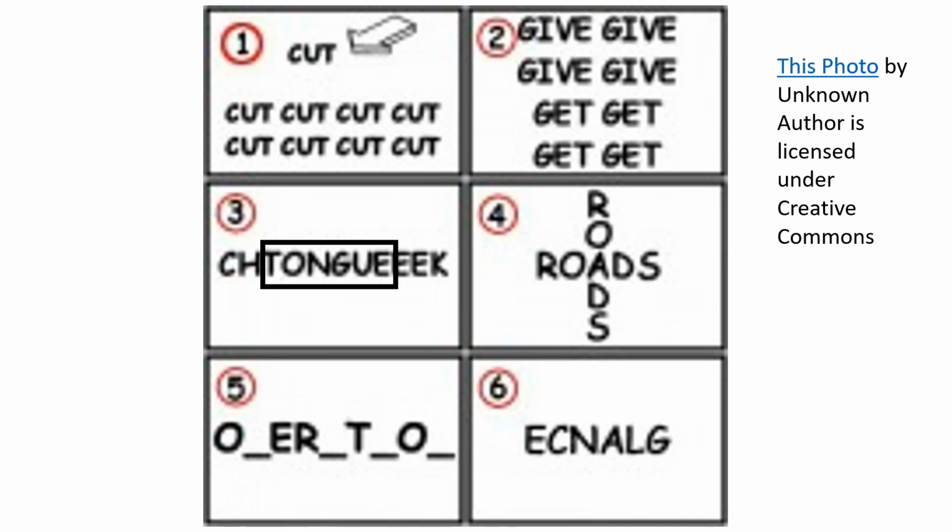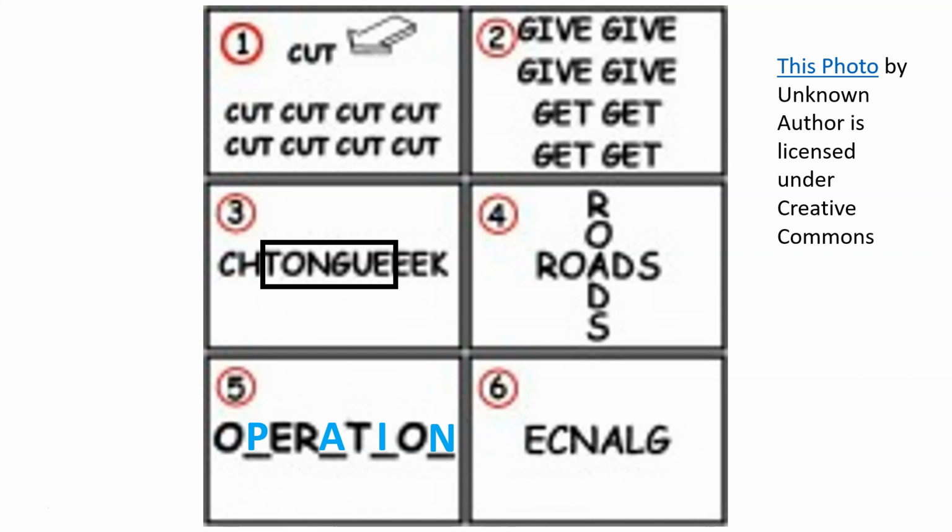Number 4 is the way that these roads are written. They are crossroads. Number 5 actually had me kind of wondering and trying to figure out for a little bit until I was able to figure out what the full word was. The full word is operation, and the letters that were taken out spell out pain.